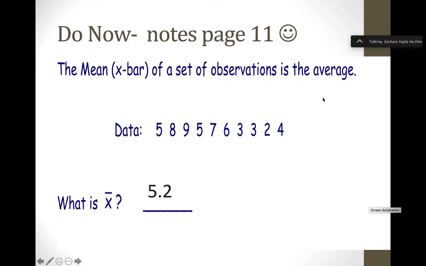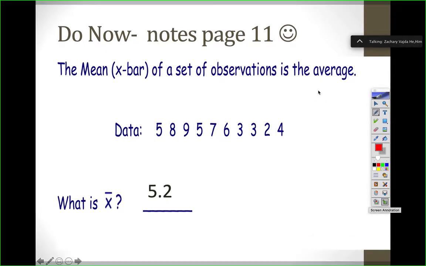So in this case, what we'd be looking at is 5 plus 8. So I'll save some time for everyone. You would add all of these up, add them all together, and then you would get a total, equals, and then you take that total and divide by how many points you have. 1, 2, 3, 4, 5, 6, 7, 8, 9, 10.